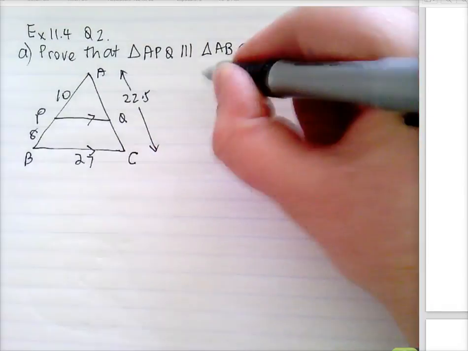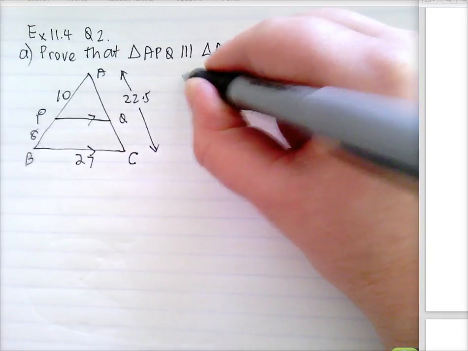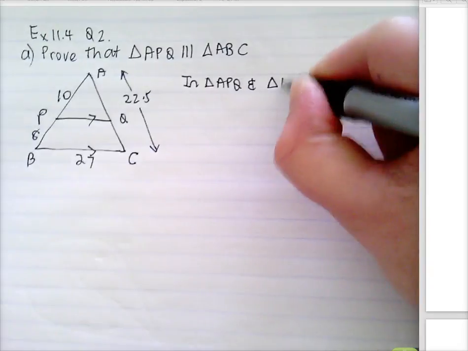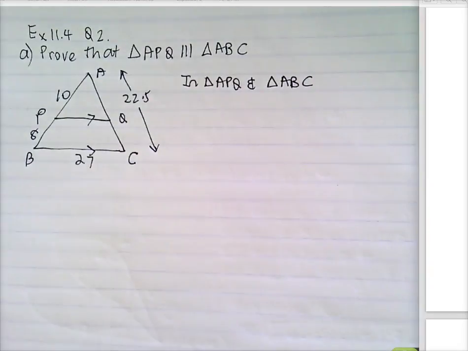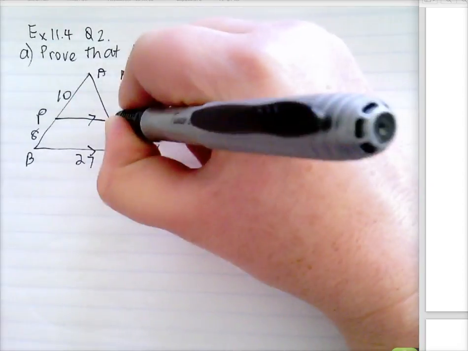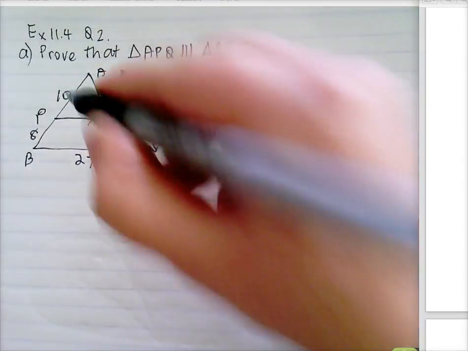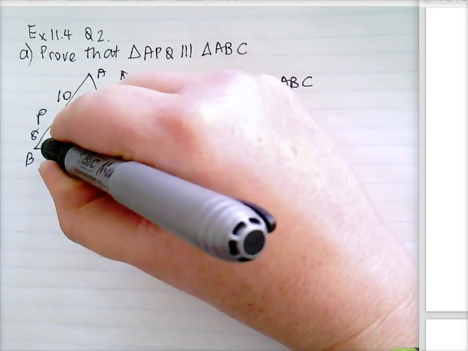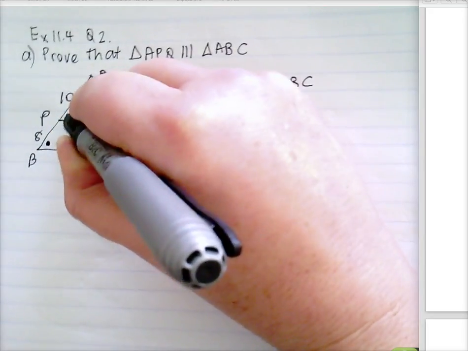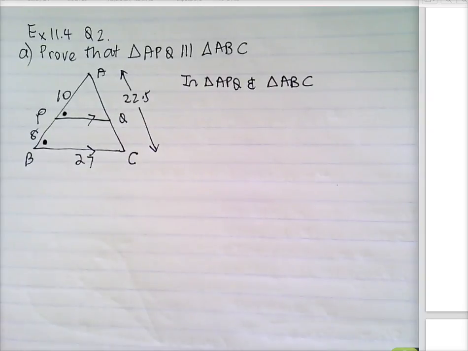All right, for those that did it, so you say in triangle APQ and triangle ABC, what have you got? Angle ABC equals angle APQ. Okay, yes. So those two angles are equal, reason?